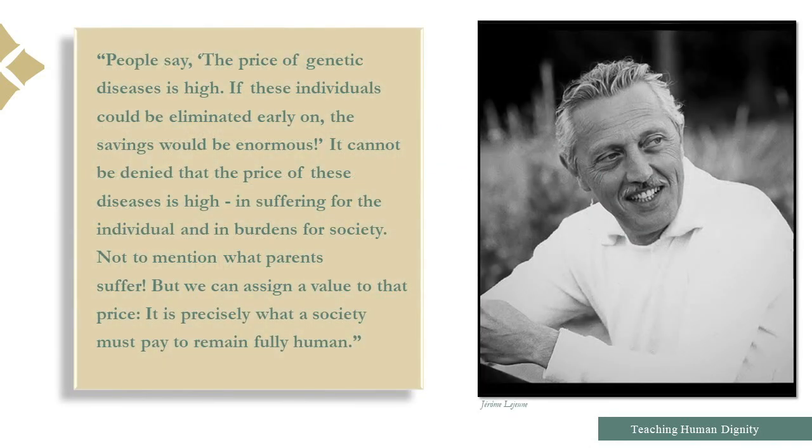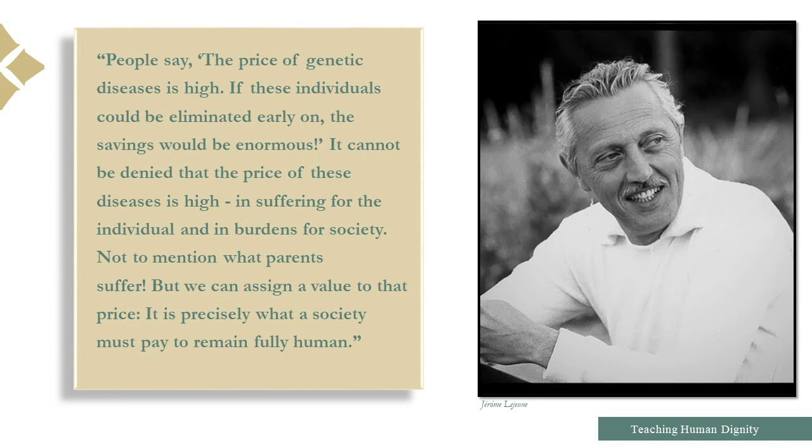The answer that Jérôme Lejeune, the one who discovered the chromosomal basis of Down syndrome and whose cause is currently up for canonization, gave when he was asked the same question. He answered with a very brutal honesty and an almost sort of defiant courage, right? He said that people say the price of genetic diseases is high.